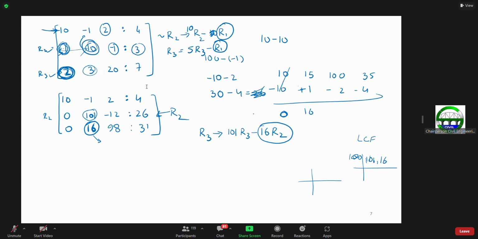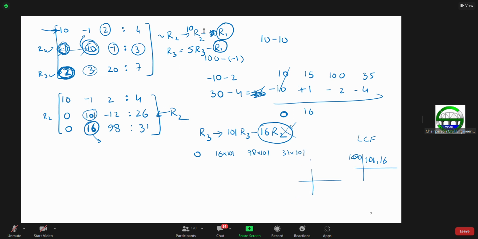So the one I cannot use in here is R1. I cannot use R1 in here. So if you put it this way, for example, 101 R3, it will be 0, 0, and 16 into 101, right? 98 into 101 and 31 into 101, right?